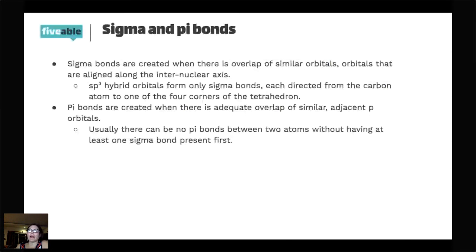So sp3 hybrid orbitals only form sigma bonds, and the form would be a tetrahedron. A pi bond is created when the overlap is not on the plane of the atoms. For a pi bond to exist, you must have a sigma first. So pi bonds will be created only when we have multiple bonds.